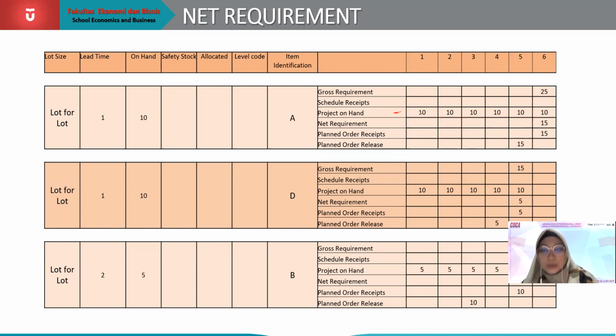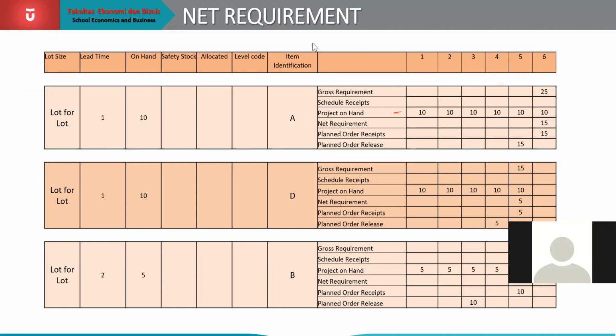That's why you need to put this number here. And then the net requirement: the consumer needs 25 chairs. Meanwhile, you already have 10 chairs. It means that the requirement will be 15.